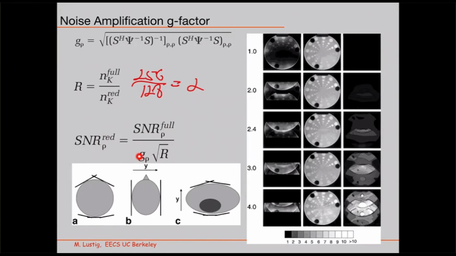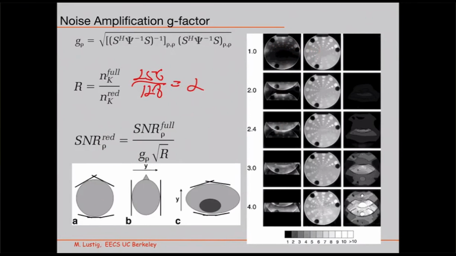And it really depends on where my coils are and how I'm undersampling. Here's a case from the paper.